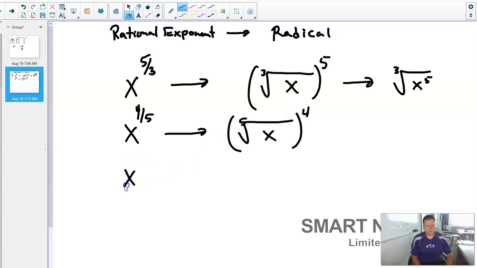Okay, let's go x to the 7/2. I'm going to put my root here. My 2 goes here, but remember we never write it; we always know it's a square root. Then we're going to have x raised to the 7th power, or you could put it inside.